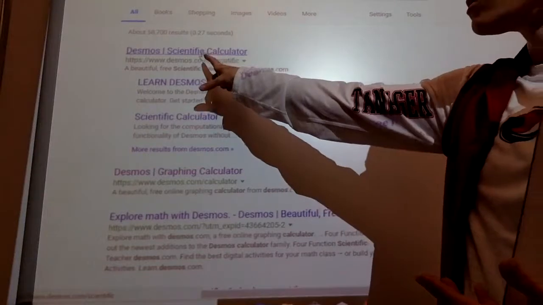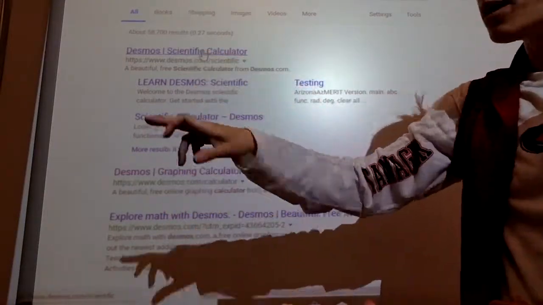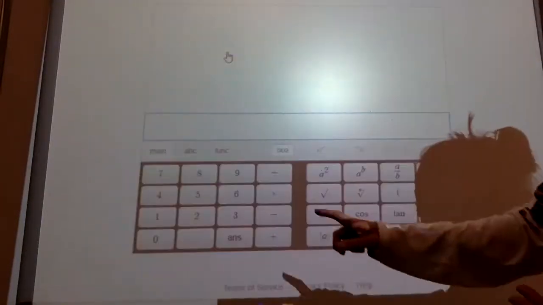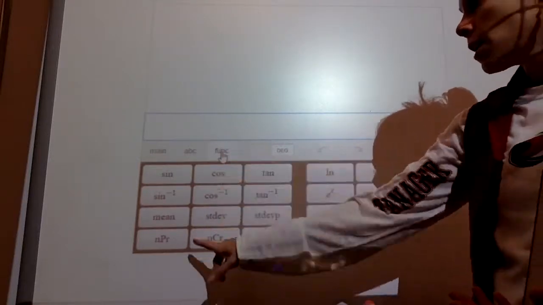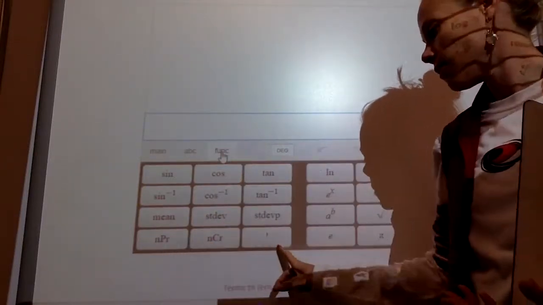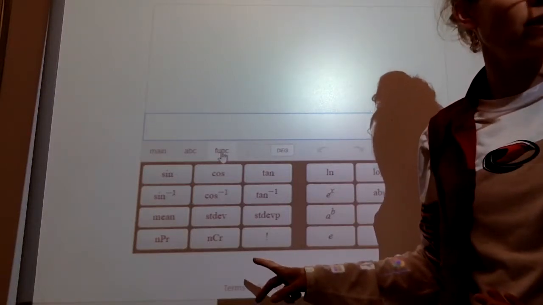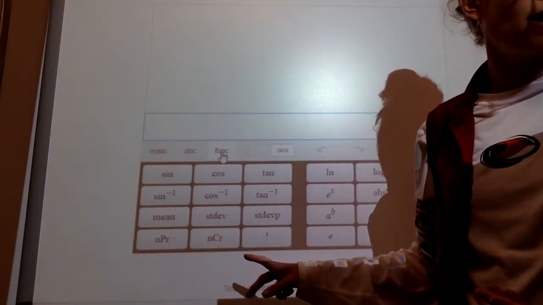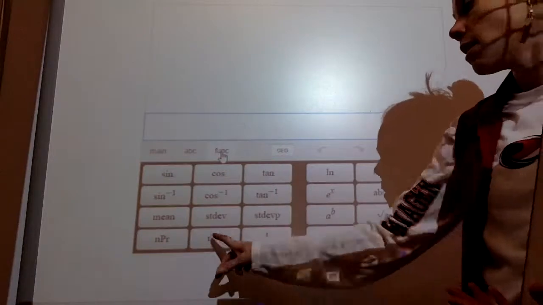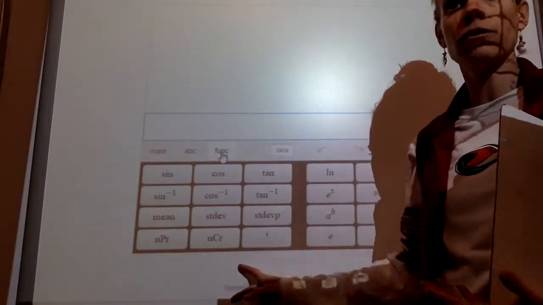Just online, Google Desmos Scientific Calculator, and you click on that. If you click this Func button, your nPr and nCr and factorial buttons are all right there. So if you ever get stuck somewhere, as long as you have internet on your iPad or your phone or something, you can. That's the easiest way I've found for nPr, nCr.